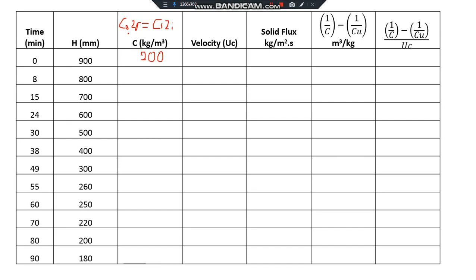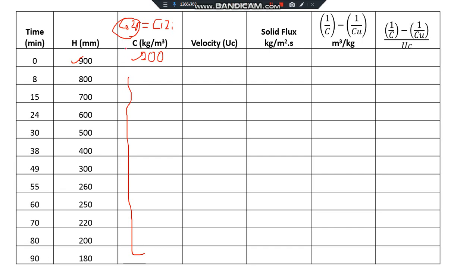So this left side remains constant, C0 and Z0. My C0 is 200, Z0 is 900 mm. So as I keep on changing this height, I am getting different concentrations. So substitute all the different values of Zi and find out all these concentrations.